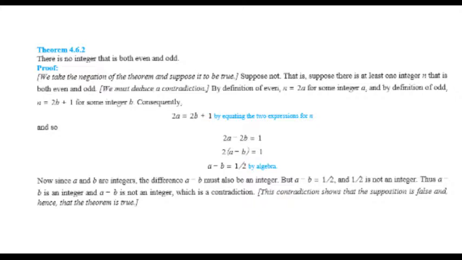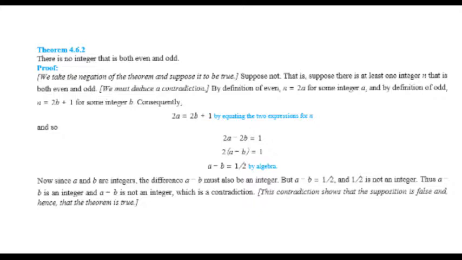Okay, so the next example of proof by contradiction is theorem 4.6.2, which basically says there is no integer that is both even and odd. Let's see how we can prove it using the method of proof by contradiction.